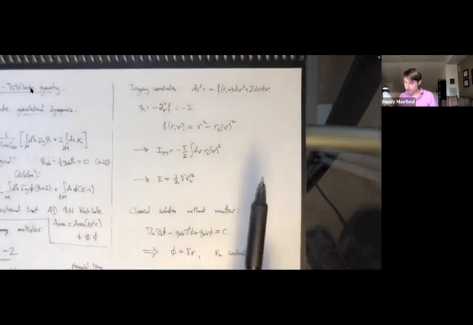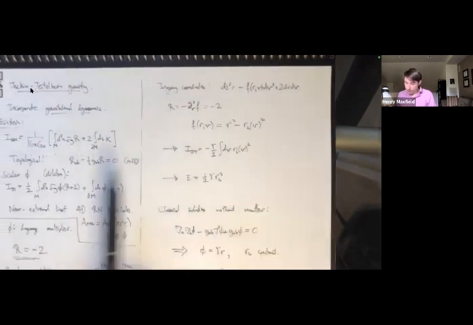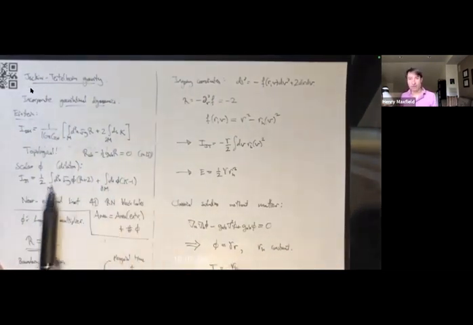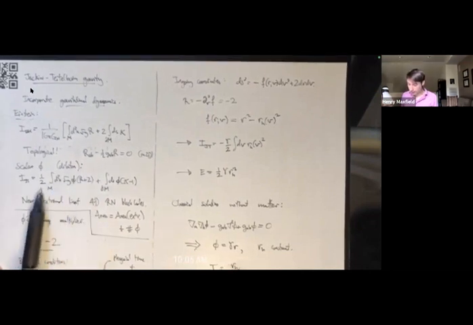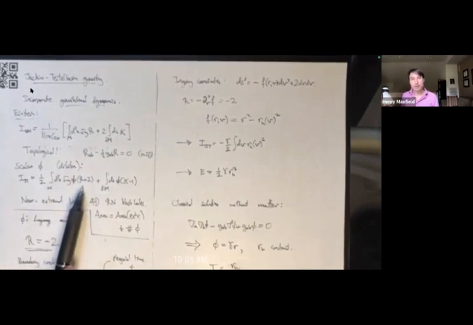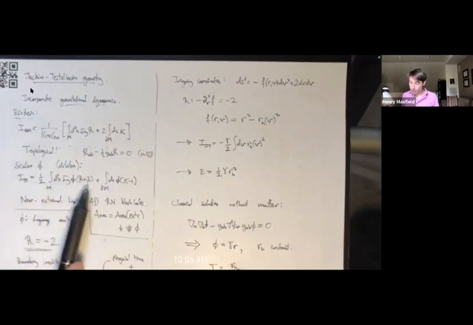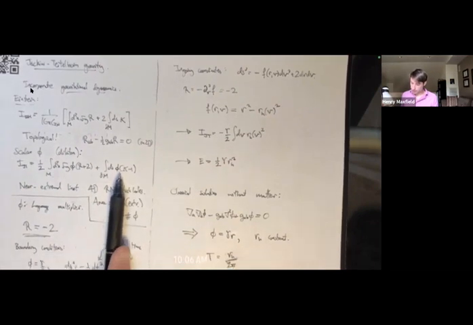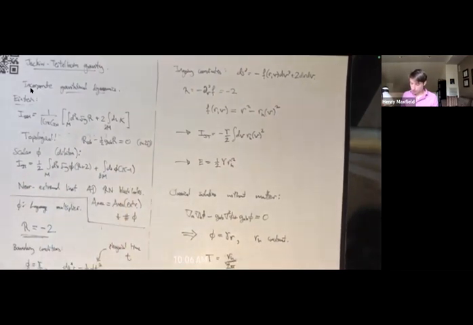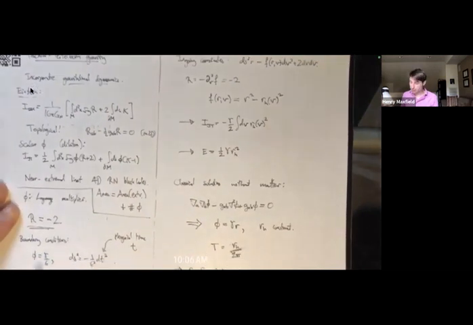But this turns out to be the full set of configurations that we have to consider in JT gravity. And now notice something sort of wonderful that makes things extremely simple: once we've imposed this constraint that R equals -2, the bulk term in the action disappears completely. It's 0. And we're only left with this boundary term. You can see this factor gamma comes in from the boundary condition of the dilaton.